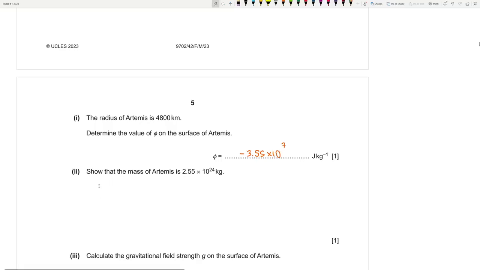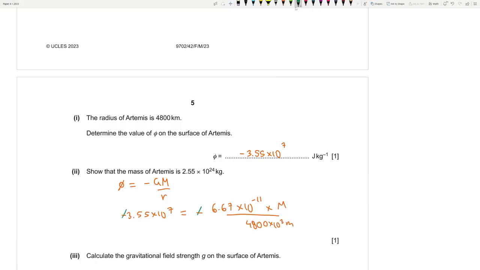Show that the mass of Artemis is this. The formula for phi is minus GM by r. So we know the value of phi, minus 3.55 into 10 to the power 7, is equal to minus G, the value of G is 6.67 into 10 to the power minus 11, times the mass divided by the radius, which is 4,800 kilometers or 4,800 into 10 to the power 3 meters.